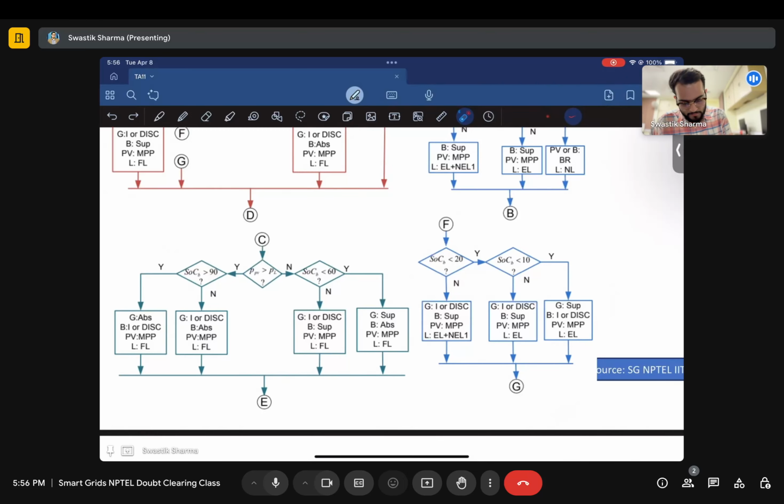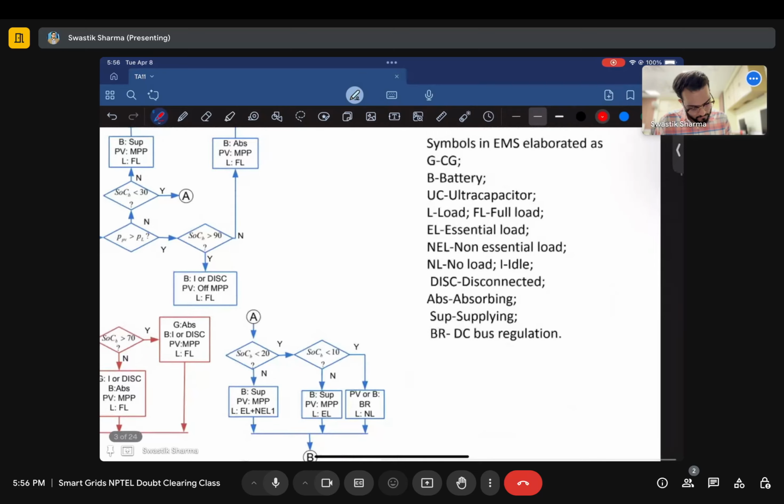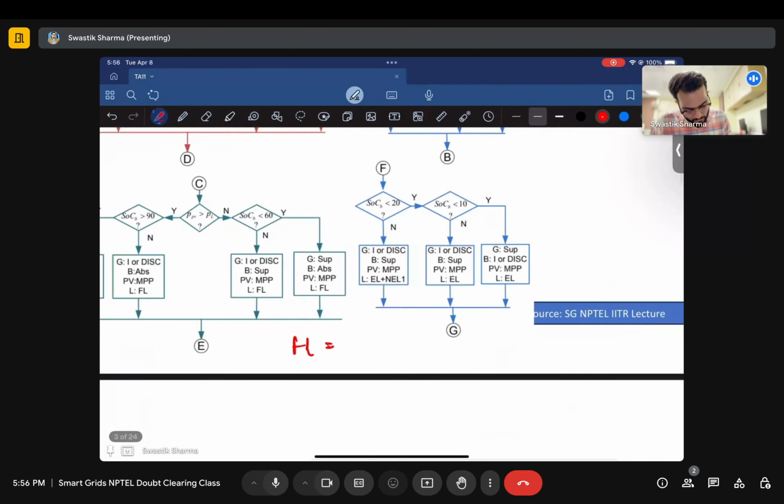Full load includes 2 NEL plus 1 EL. Right, but now since your battery is not at that much level, you want to conserve as much energy as possible. So you shed some load.